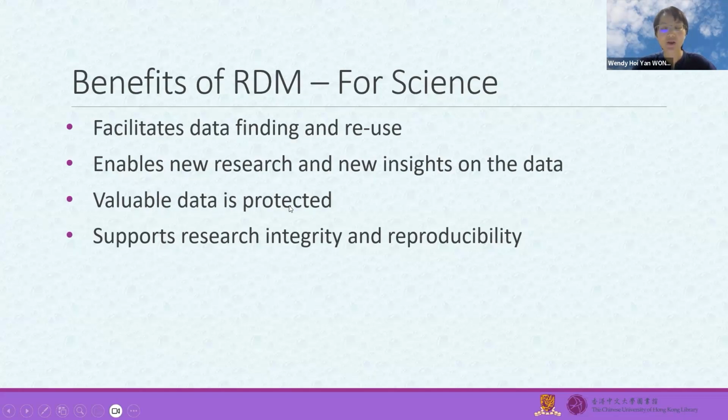For example, if it takes 10 years for you to collect your data, such as some medical data or some data regarding a child's growth over 10 years, then these are very valuable data because it takes time and human resources and also monetary resources. So these can be shared and reused in your field. So it is beneficial to the science, to the academia.